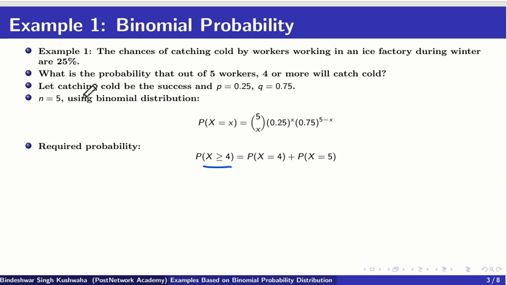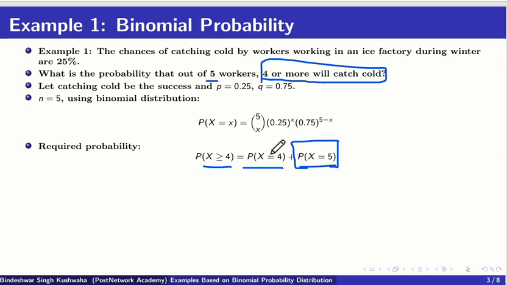How? Because the question asks: what is the probability that out of 5 workers 4 or more will catch cold? So x is greater than or equal to 4, that means x is equal to 4 or 5. For these two values, we will calculate probabilities and we will add them.